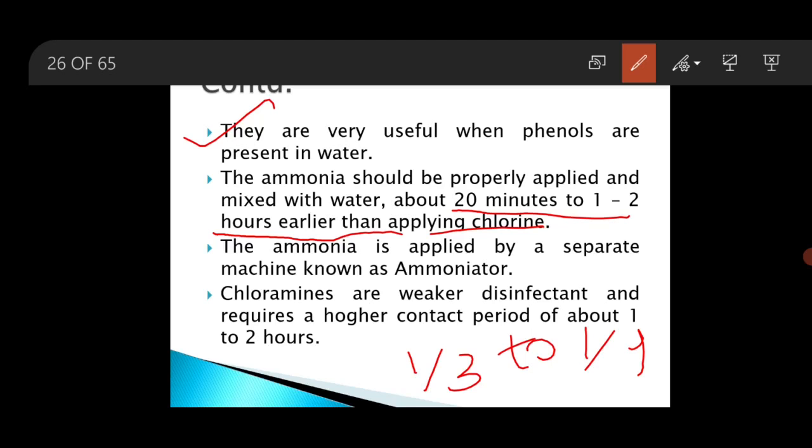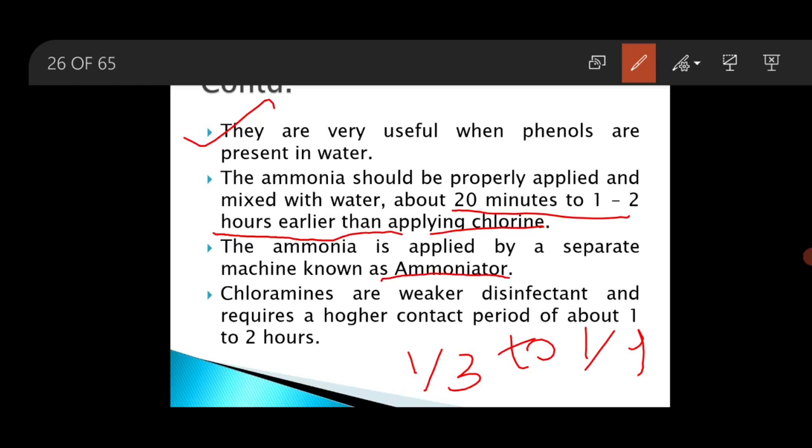The ammonia is applied by a separate machine called an ammoniator, just like a chlorinator. The chlorine is applied by a chlorinator and ammonia is applied by a separate machine known as an ammoniator.